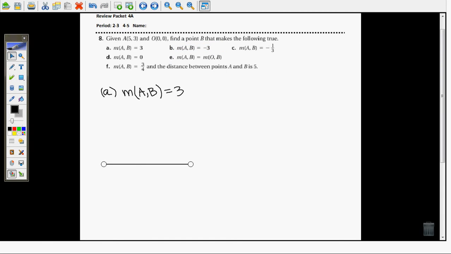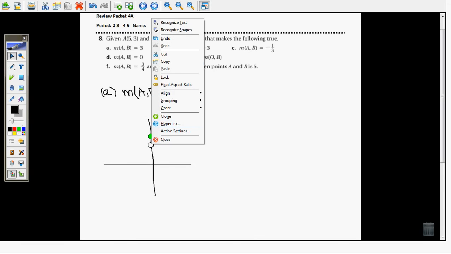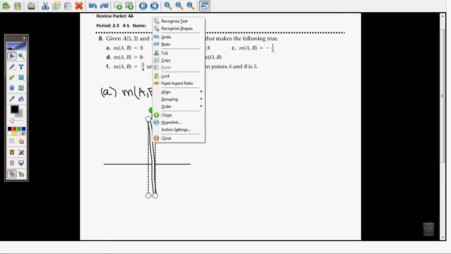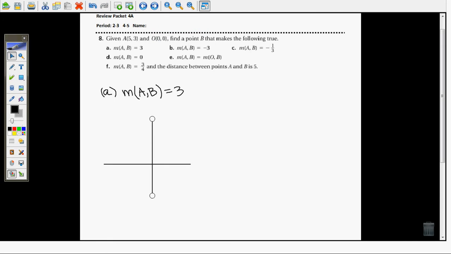Alright, here you go. And now I'm going to draw a vertical line. Okay, let's make it a little longer. It's way better.